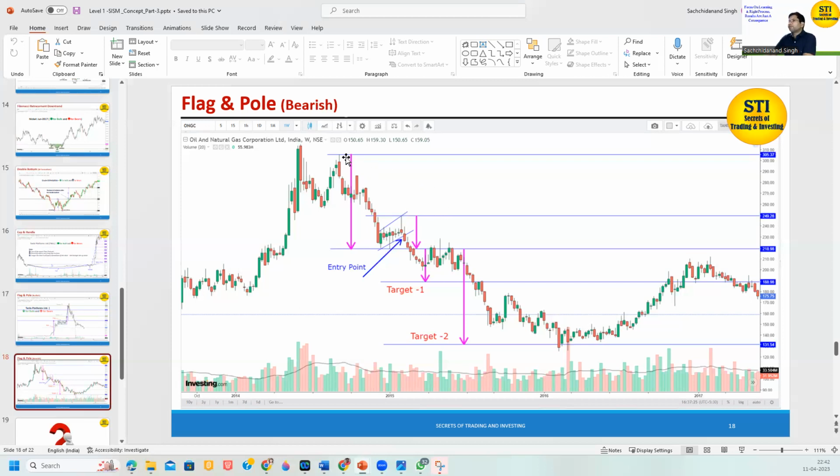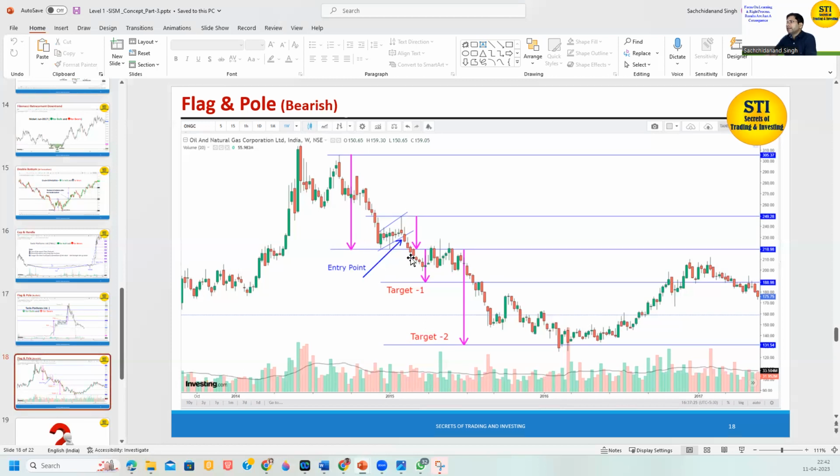If you look at the topmost point here, from here the price started falling finally. It started falling from here also, but from here it went up. So we are considering that from here it started falling, and the actual fall started from this particular price point.